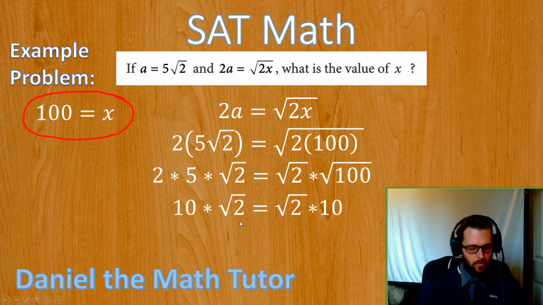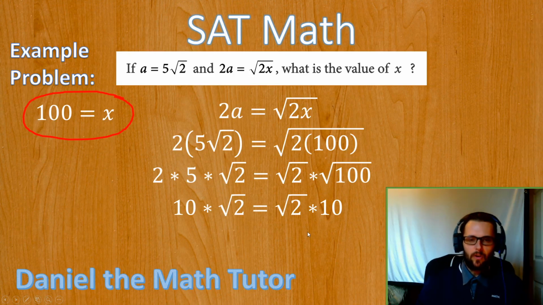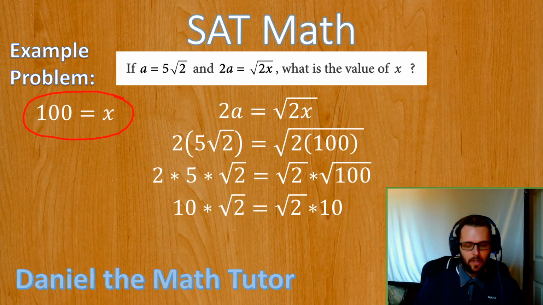So now we just have 10 times the square root of 2 equals square root of 2 times 10. And we can already tell this is correct because we know that two numbers multiplied in any order, doesn't matter which order you multiply them, you'll come up with the same product.